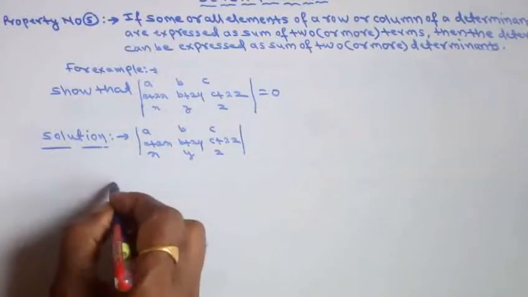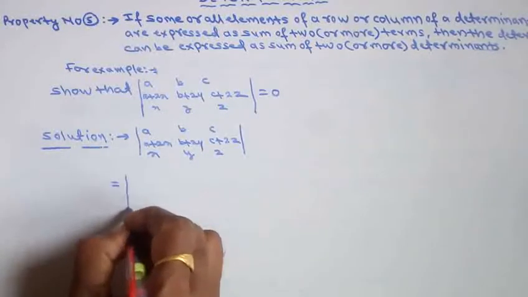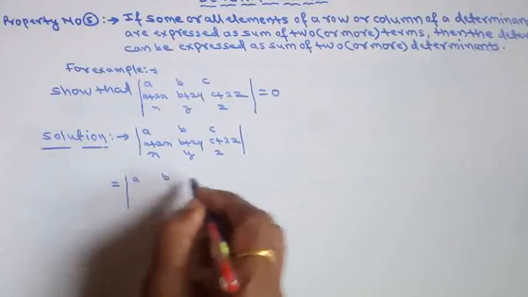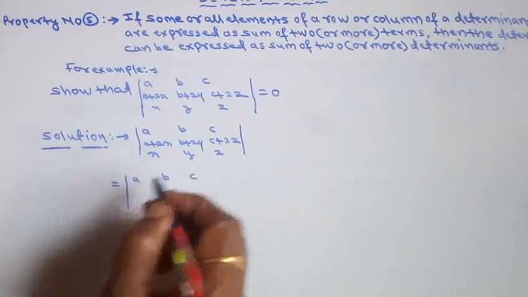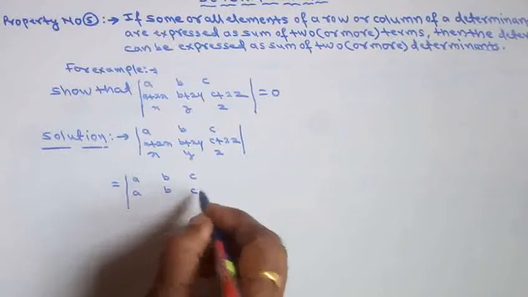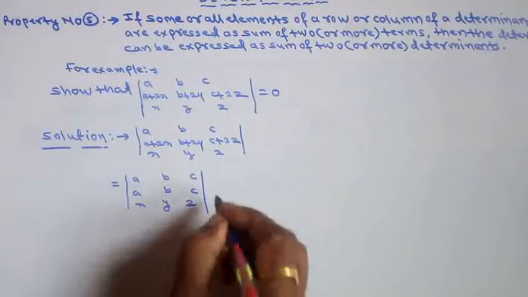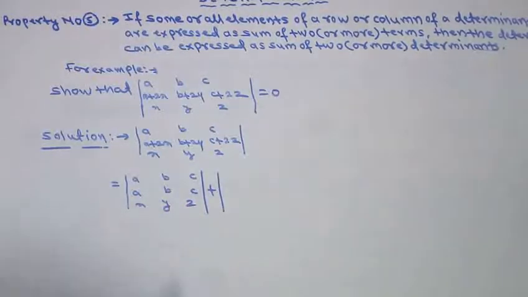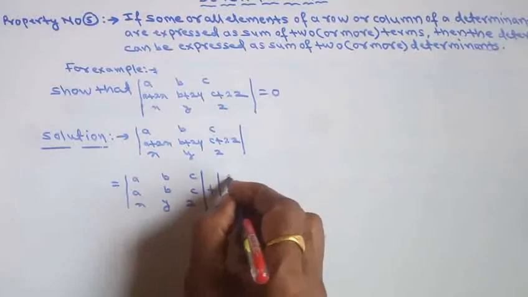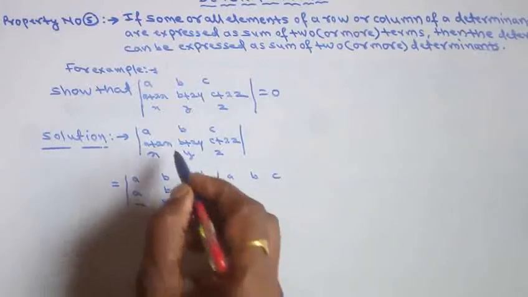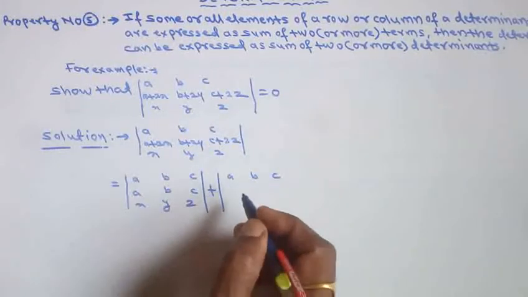This can be written by using property number 5 as A, B, C, then here also A, B, C, take the first terms, and x, y, z. Then plus another determinant will be A, B, C, then write these added numbers 2x, 2y, 2z.